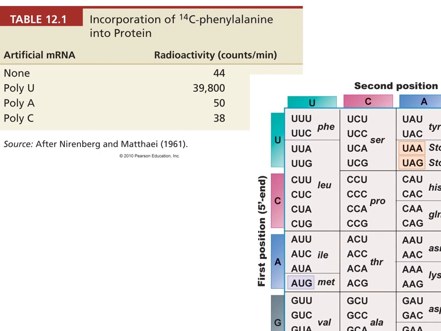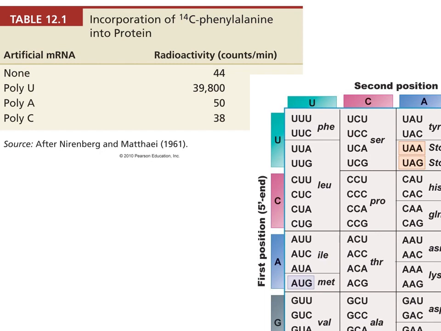Did it contain lots of this radioactive or isotopic phenylalanine or not? And it turns out that if you just construct a long string of U's in a messenger RNA molecule and that is translated, what you get is something that is heavily labeled with this C14 phenylalanine. Okay, and so they determined that the codon UUU is likely coding unambiguously for phenylalanine.